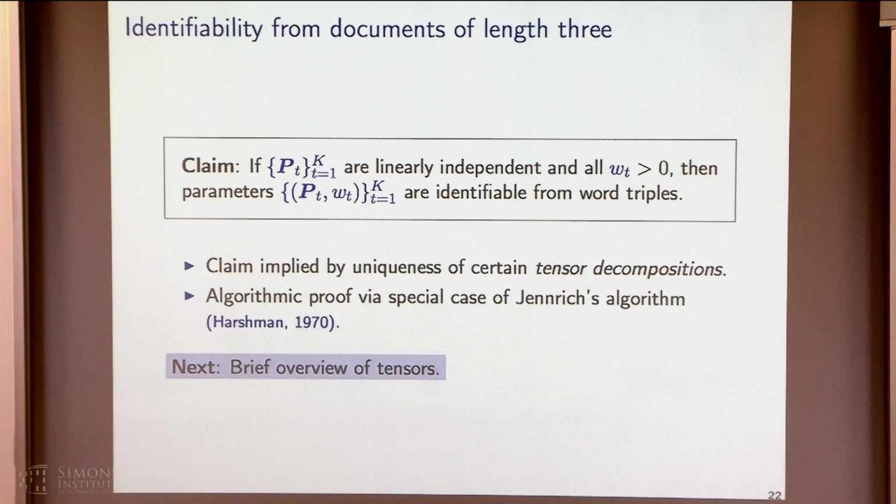The claim was that as long as these probability vectors are linearly independent and these W's are positive, there's no other way to get the same distribution on word triples. The proof by construction is that this algorithm, given this distribution on word triples, will give you exactly one set of parameters, the only one that will arise that way.